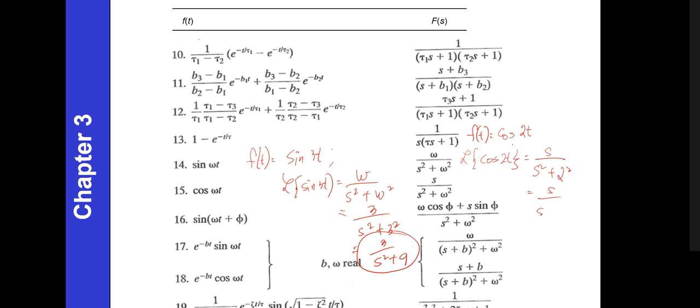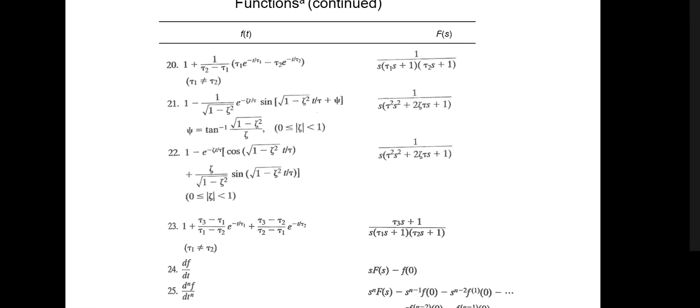That will become s over s squared plus 4. So this is our Laplace transform of cosine 2t. So familiarize yourself with the other values here in the formula, in the table. Also this one.